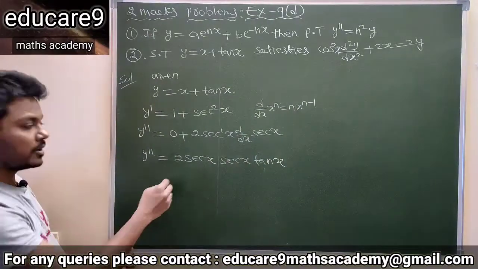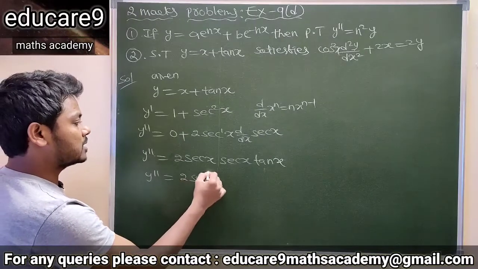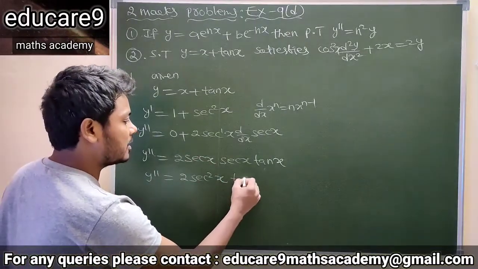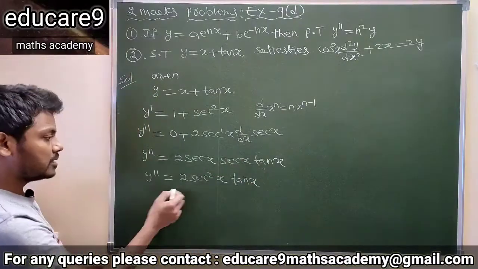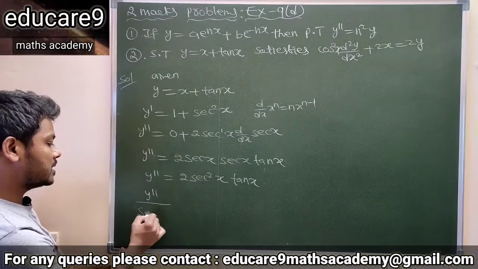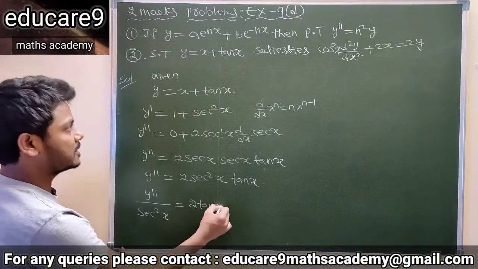So this is what y double dash is equal to, 2 sec square x tan x. Secant square on the left side, then it becomes y double dash by sec square x is 2 tan x.